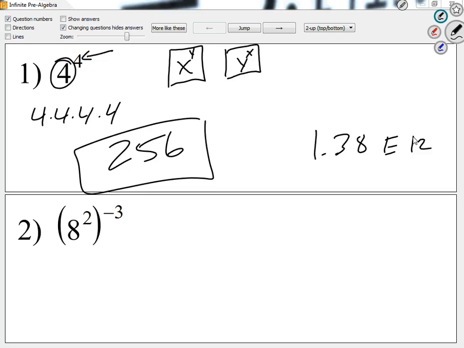Let's take a look at question number 2. When we have parentheses, I have to multiply my exponents. So I'm going to call this 8 to the negative 6, because I multiply my exponents. For this one, let me use a calculator.